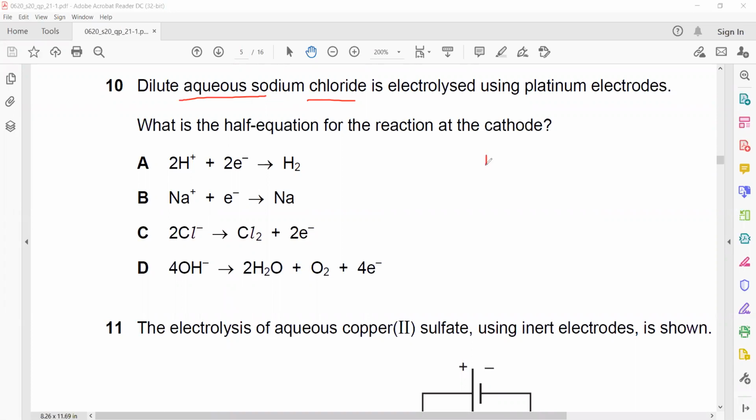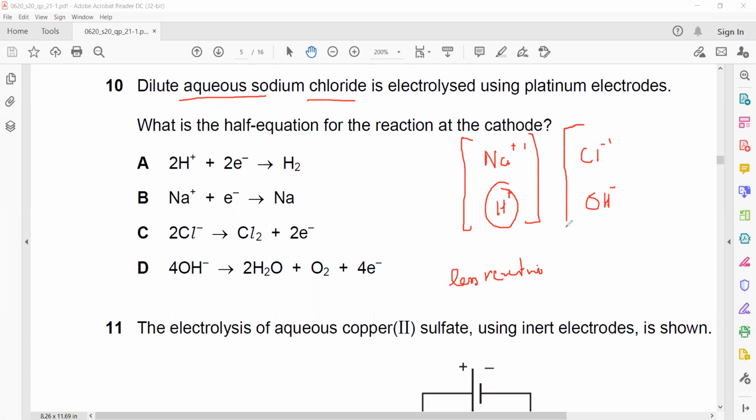So dilute aqueous sodium chloride contains sodium ion, chloride ion, hydrogen ion, and hydroxide ion. For positive ions, what do we check? We check the reactivity. Always the less reactive will move towards the cathode. So which one is less reactive here? Sodium and hydrogen. Hydrogen is less reactive, so hydrogen will move towards the cathode.